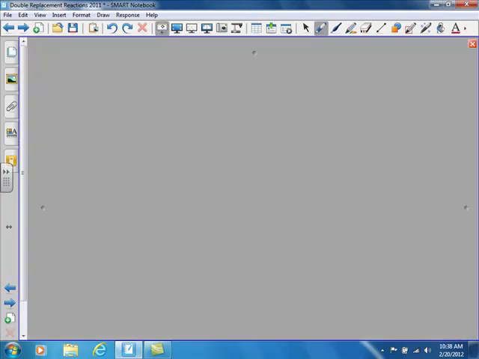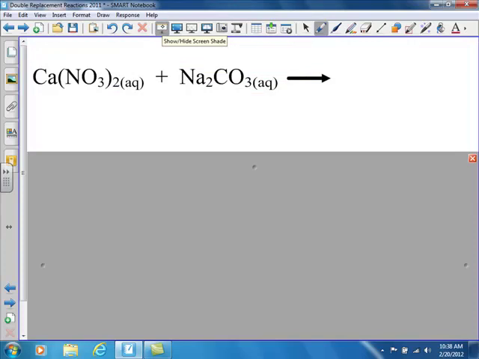Okay, so we're just going to look at a bunch of examples here. And I might not have enough room, so I am going to write my products down here just to make more room. So, double replacement reaction, calcium kicks out the sodium.